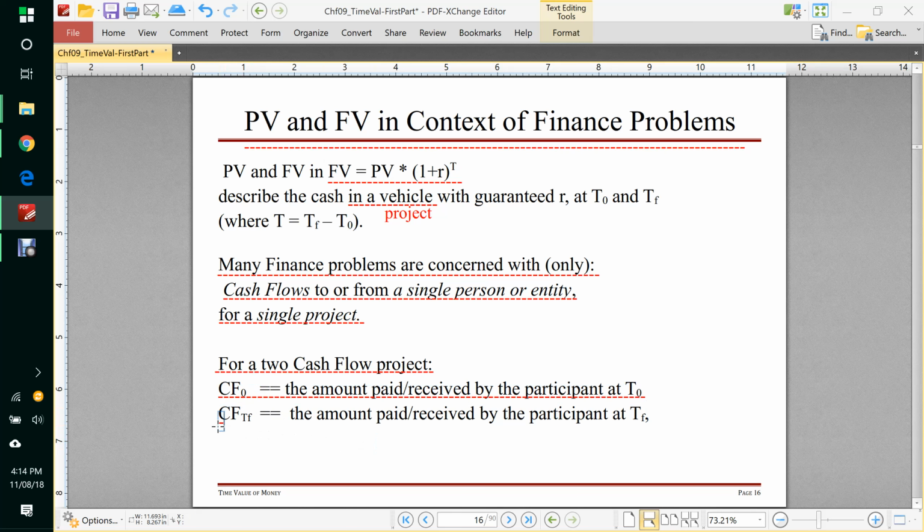And CF sub TF, cash flow at time TF, is the amount paid or received by the participant at TF. Again, that's the amount taken out of or put into a project by one player at TF, and CF0 is the amount paid or received by the same participant at t=0. So we're worried about flows, not the amount that's in the account.